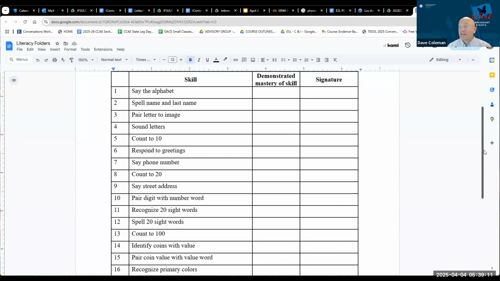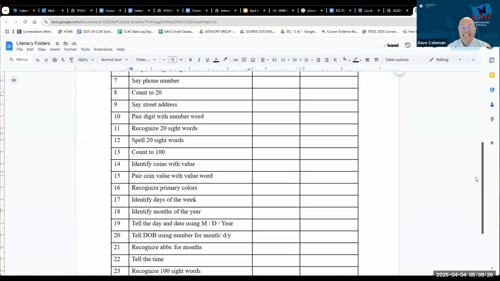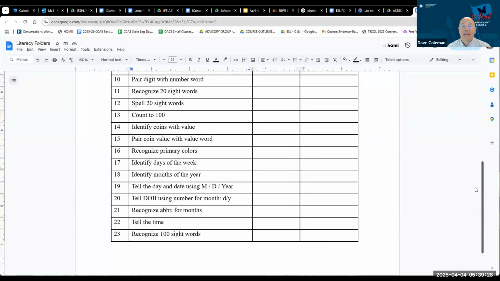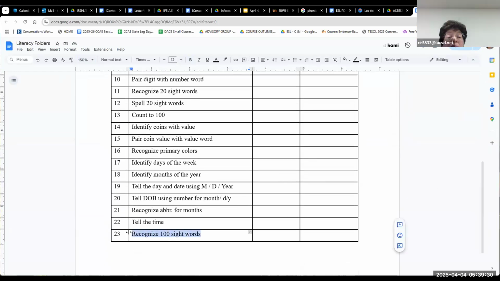So like a CASAS test, A is the sock and B is the t-shirt. Sound letters: do they know all the sounds of the letters? Can they count to 10? So this is basic. This is your competency checklist. Recognize 100 sight words.